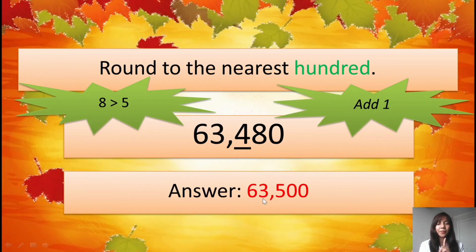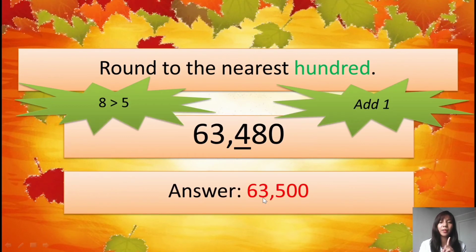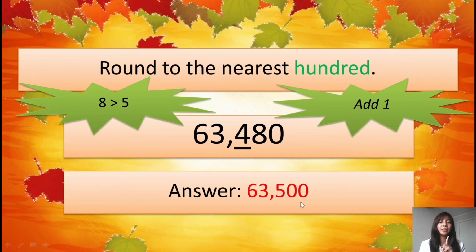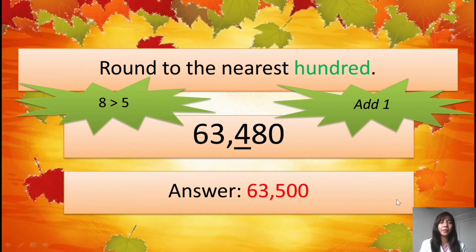So 6, 3, and then 4 will become 5, and then the numbers here become 0. Alright, so our answer is 63,500.